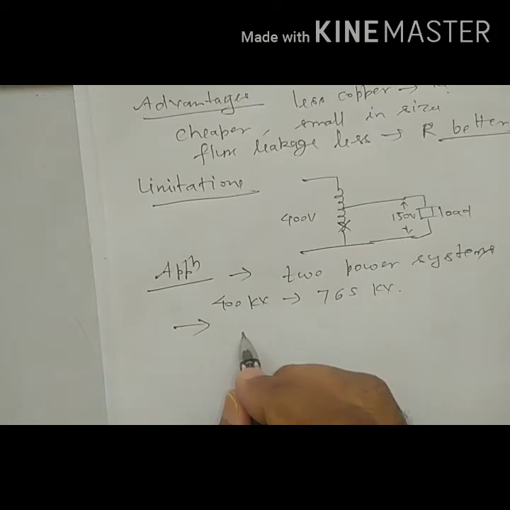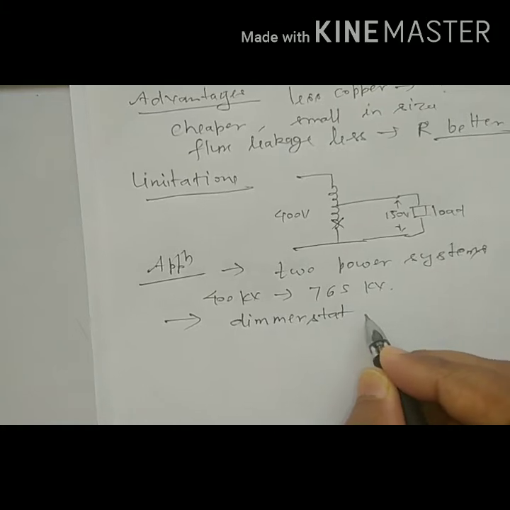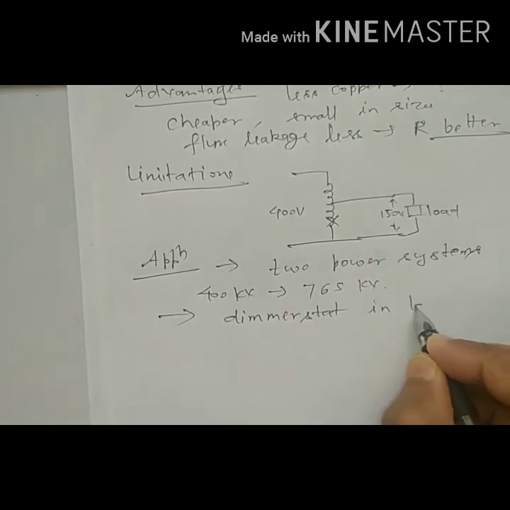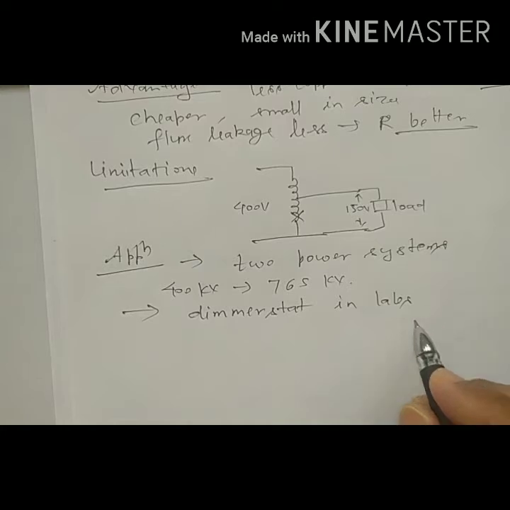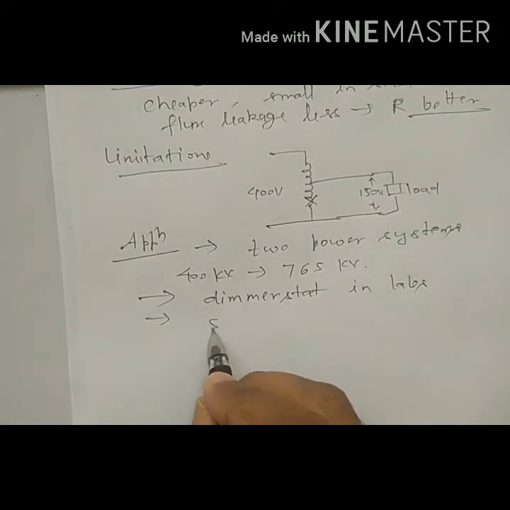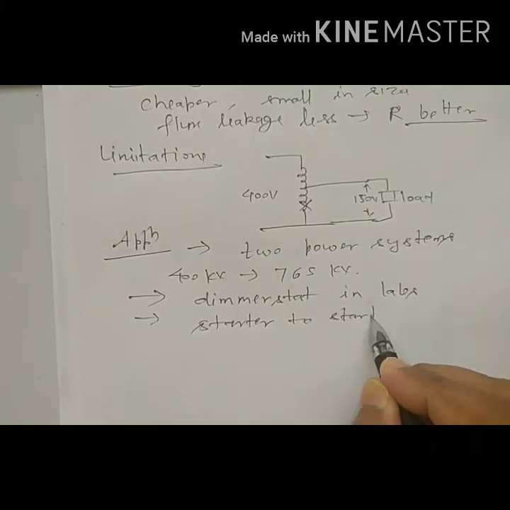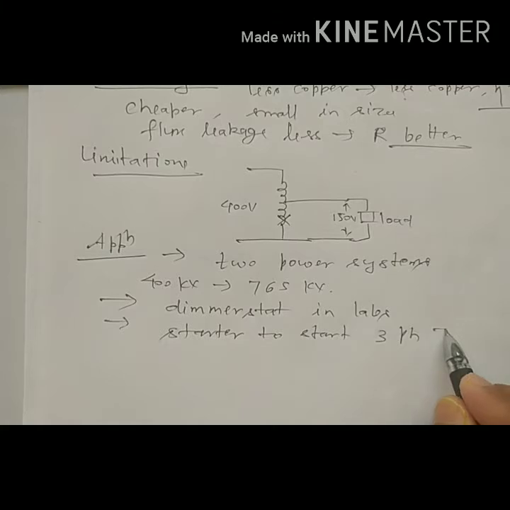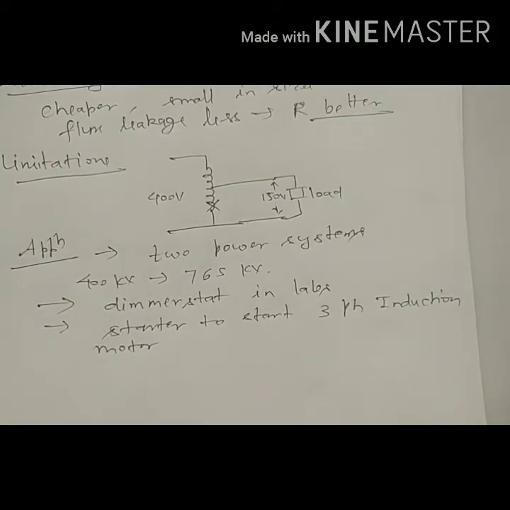Second application, it is used as a dimmerstat in labs, right? And also it can be used for dimming the intensity of a bulb, and is also used as a starter to start a 3-phase induction motor. So this is all about the autotransformer.